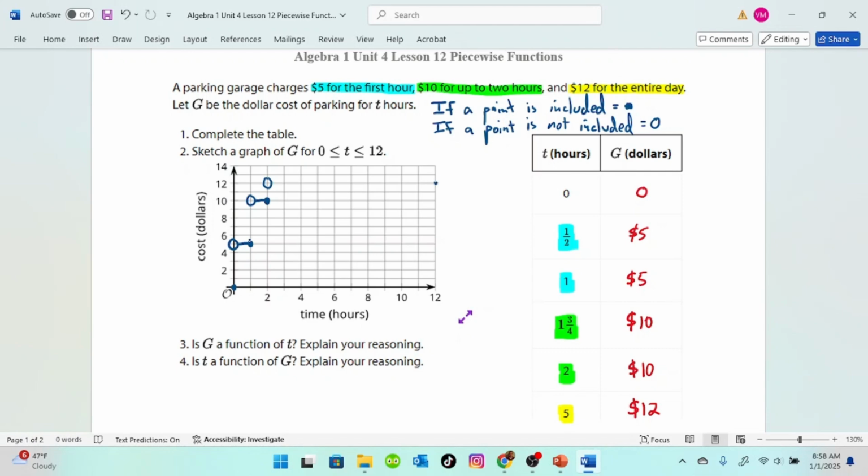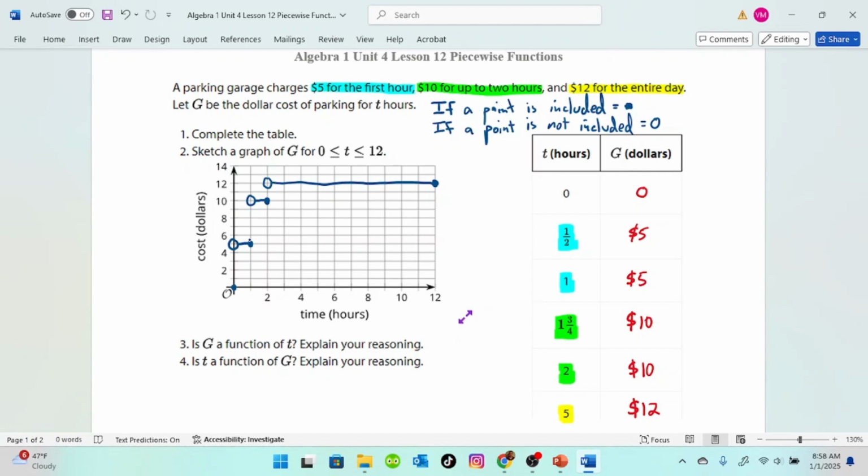So I'm going to put a solid point at 12 hours being $12. And now I will put a solid line connecting the hollow point to the solid point, because every time option between 2 hours and 1 minute all the way up to 12 hours, all of those options are going to be the same $12 price.